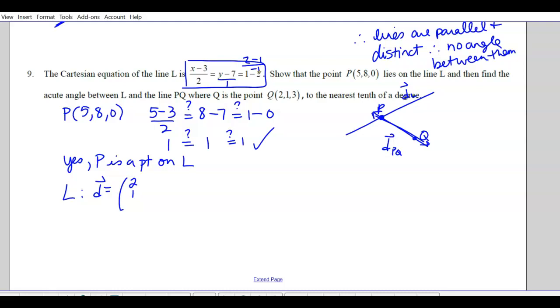So if it's got a negative term there, it means the direction vector has a value of negative 1. So that's going to be your direction vector of L. Then PQ is Q (2, 1, 3) minus P, which is (5, 8, 0).